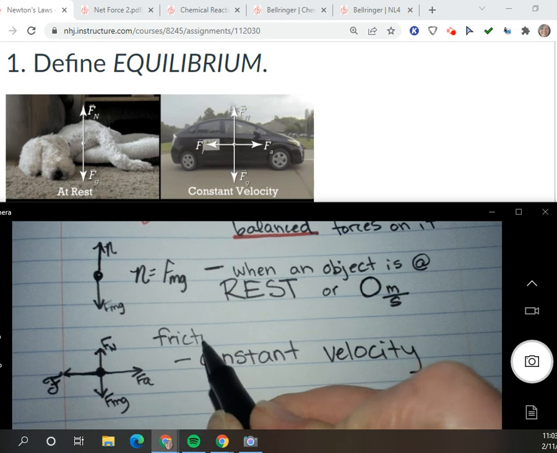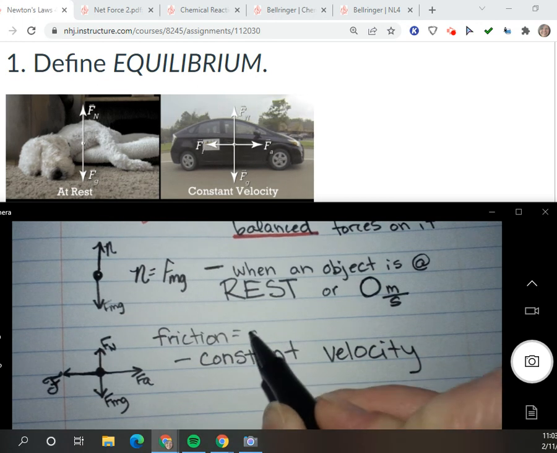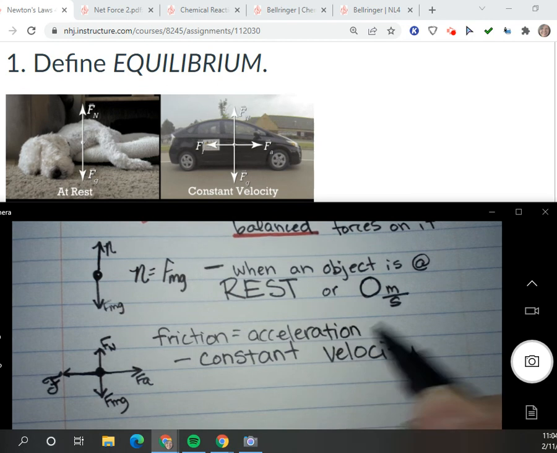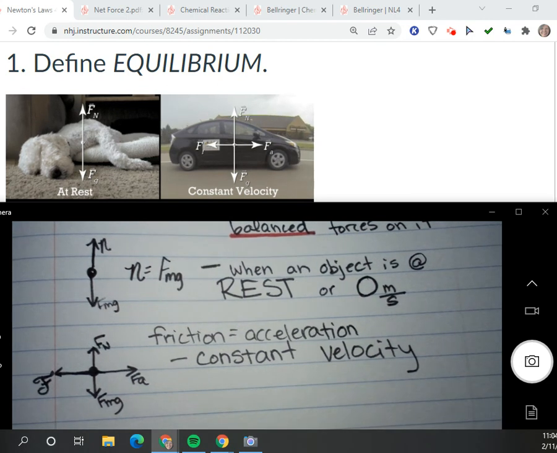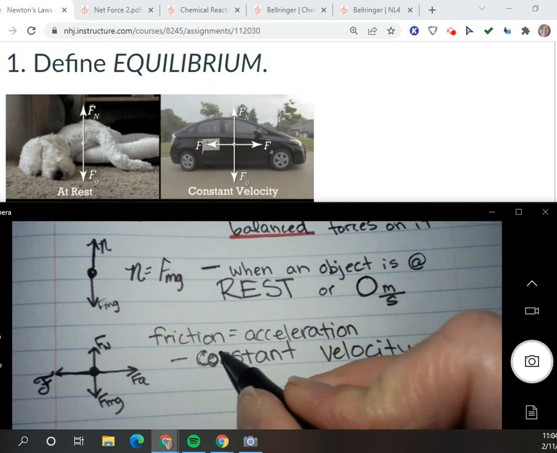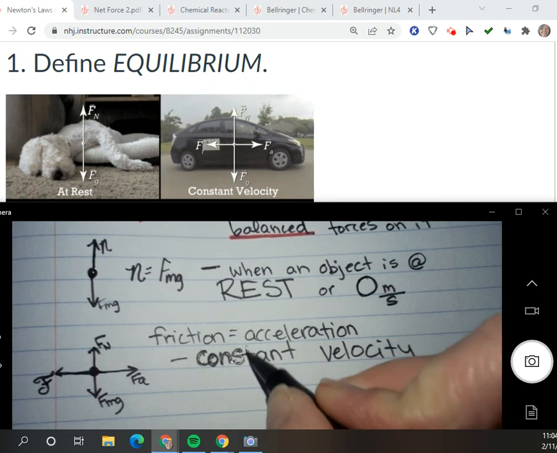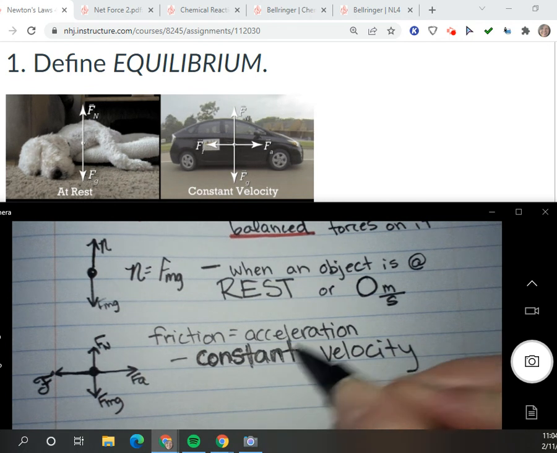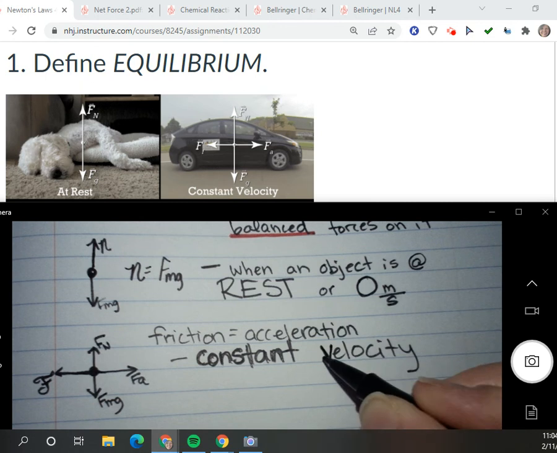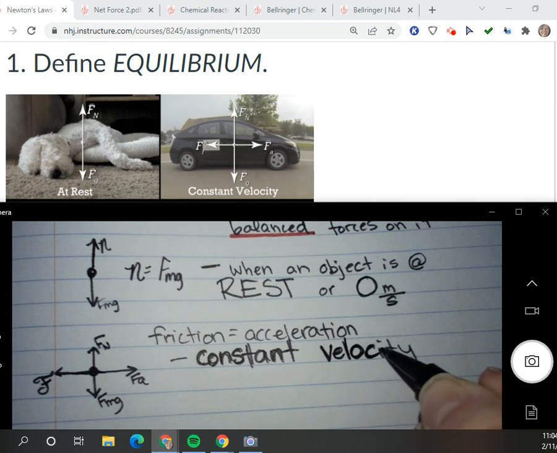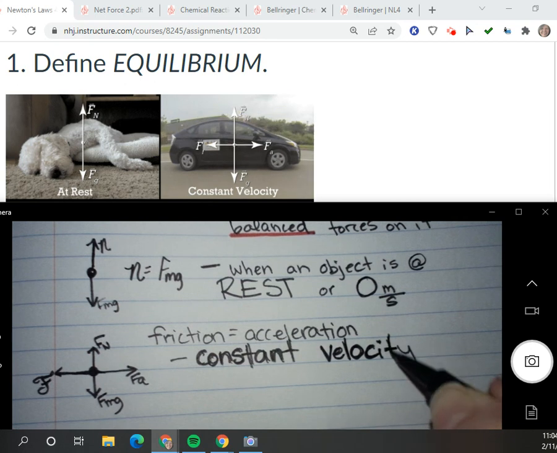Friction equals acceleration. Constant velocity. So there is a scenario, the constant velocity, when an object is moving, but it is in equilibrium.